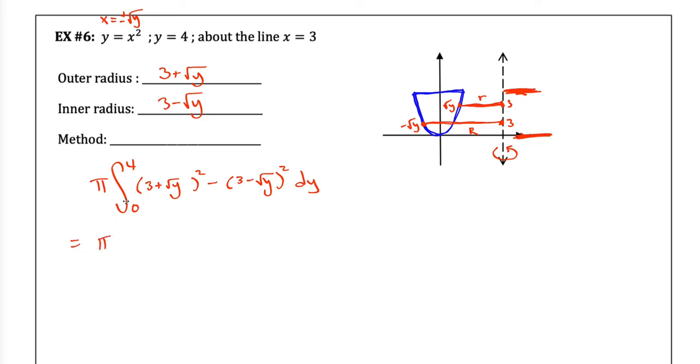Okay, so pi, 0 to 4. This is another terrible equation. Okay, so 9 plus 6 root y plus y. Are you saying double it because of these two? No, because it looks symmetrical. It's definitely not.